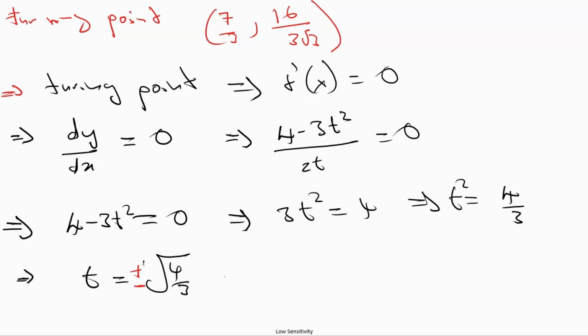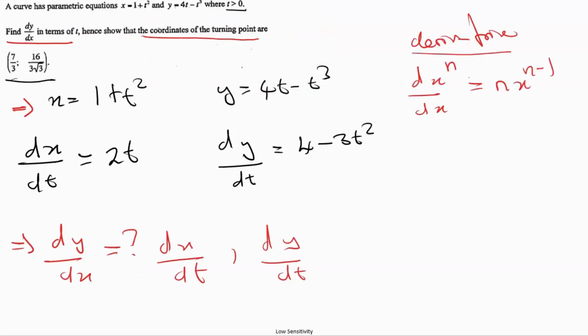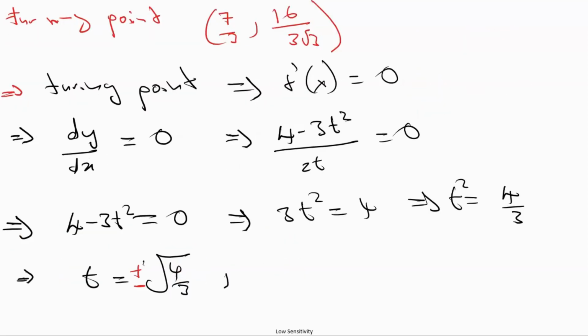But that's not going to be the case in this instance, because we are given the condition that t is greater than 0. So our value for t is going to be 2 over the square root of 3, just the positive value.